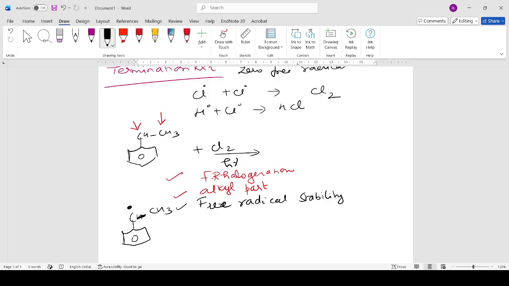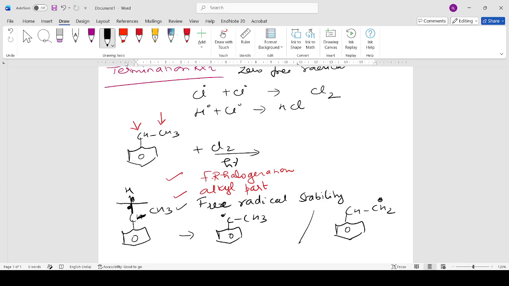I'm creating a free radical. How do I generate this free radical? This is bonded with hydrogen, like this. If this is undergoing a homolytic cleavage, this will form C dot CH3. This is one free radical. What is the other type of free radical it can generate? CH dot CH2 dot.